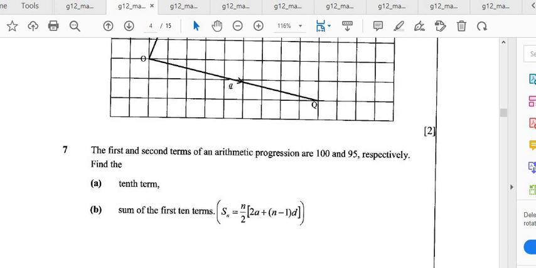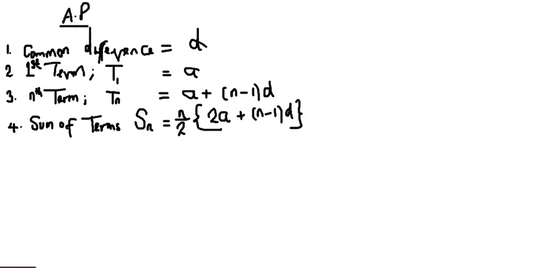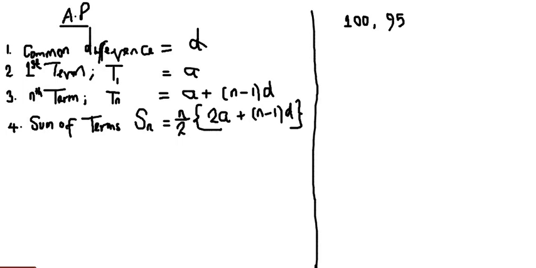So we've been given that there is an AP where the first term is 100, followed by 95, which is the second term, followed by, we don't know, the information has not been provided.